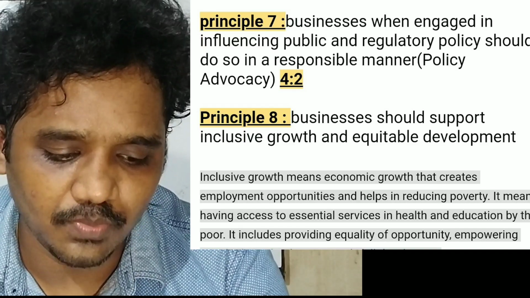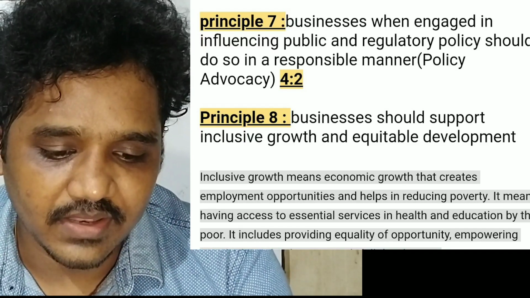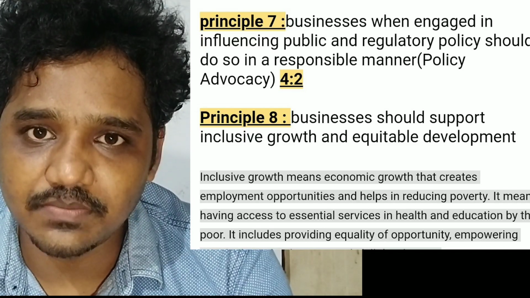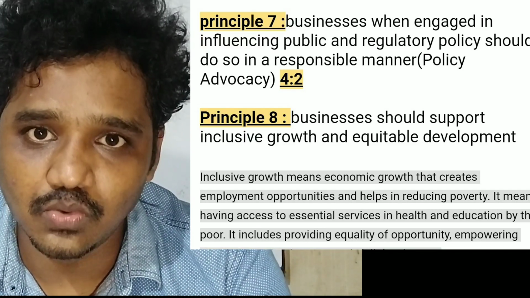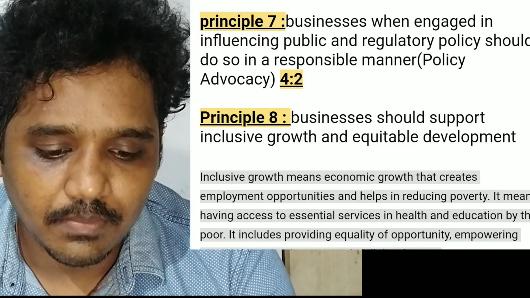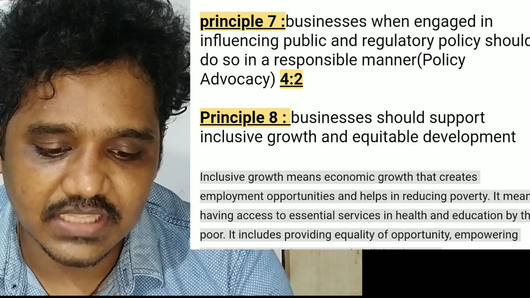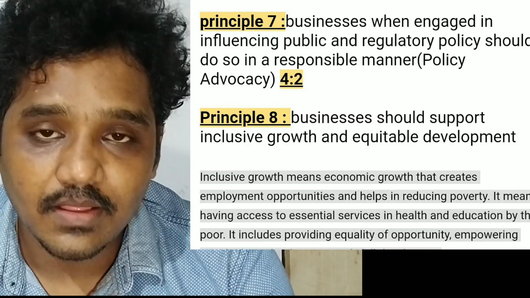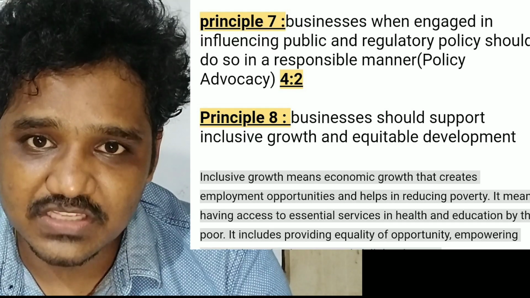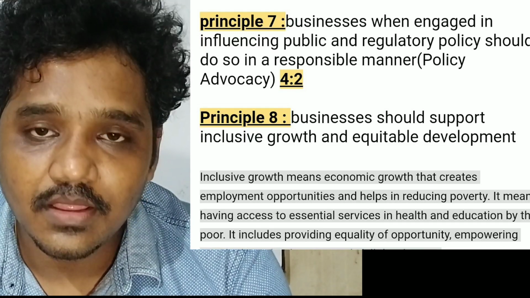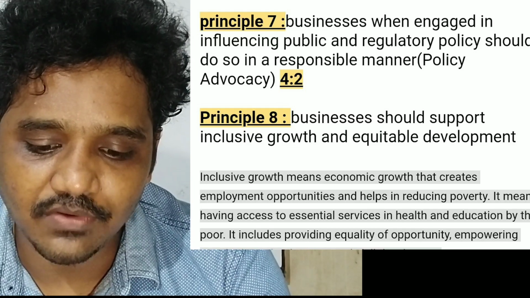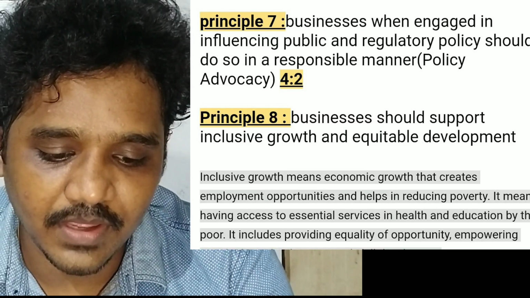In principle number 7, there are 4 points with respect to principles and 2 core elements. Principle number 1: the first principle acknowledges that businesses operate within the specified legislative and policy frameworks prescribed by government.